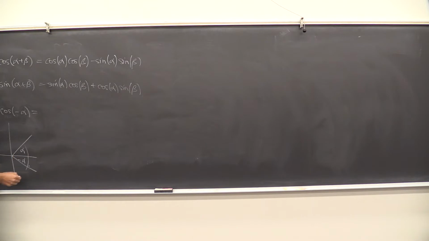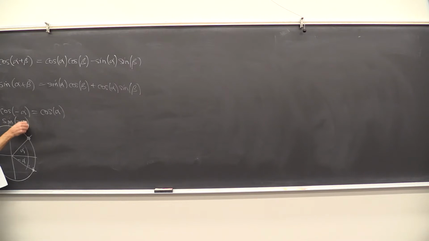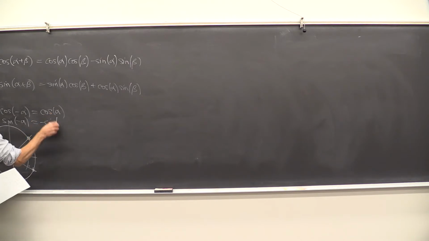The cosine is, remember, the x-coordinate of the point on the unit circle. Well, those x-coordinates are the same, so cosine of negative alpha equals cosine of alpha. And what about sine? Sine of negative alpha is the y-coordinate, and that's the negative of the y-coordinate of the other point, so you get negative sine alpha. Okay, so these are things that we noticed last week.